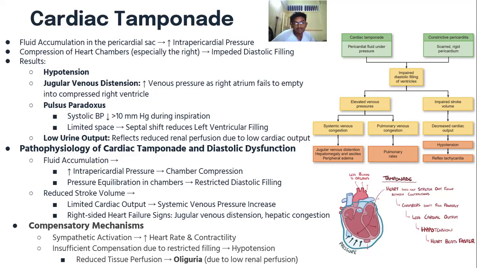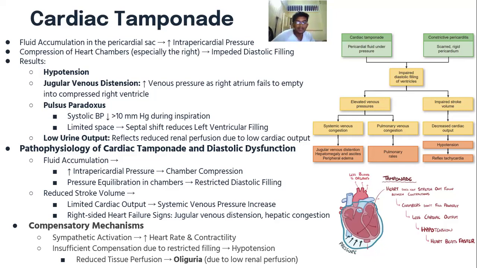fill with blood. How does this impact diastolic filling? As the ventricles fail to expand fully, diastolic filling becomes compromised, resulting in reduction in stroke volume. Remember, stroke volume is the amount of blood pumped out with each beat. Now with tamponade, diastolic filling is curtailed early in the cycle, leading to rapid elevation in pressure and a corresponding reduction in filling time.